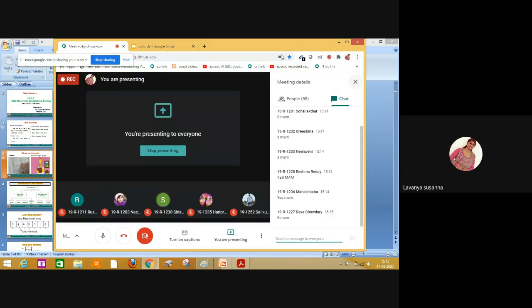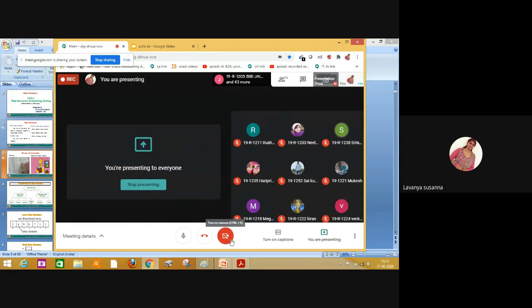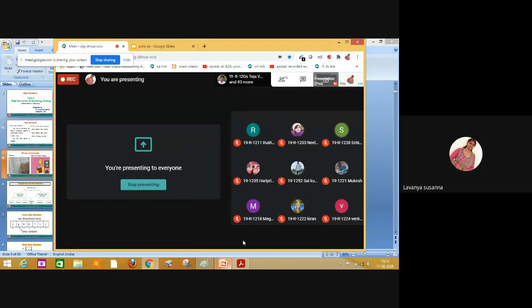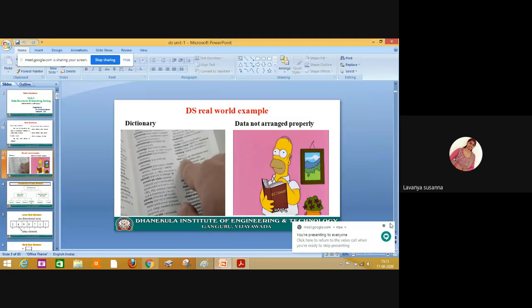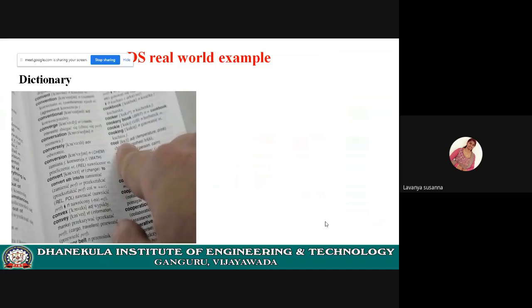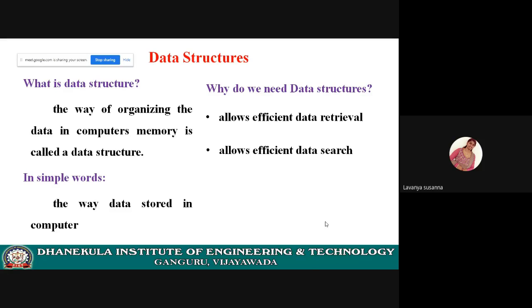Okay. Listen to the class. Stop submitting. I hope you understood what is data structure. Why do you need data structures, right? Once again, see the definition. The way of organizing the data in computer's memory is called a data structure. It is used to store the data in some particular format.